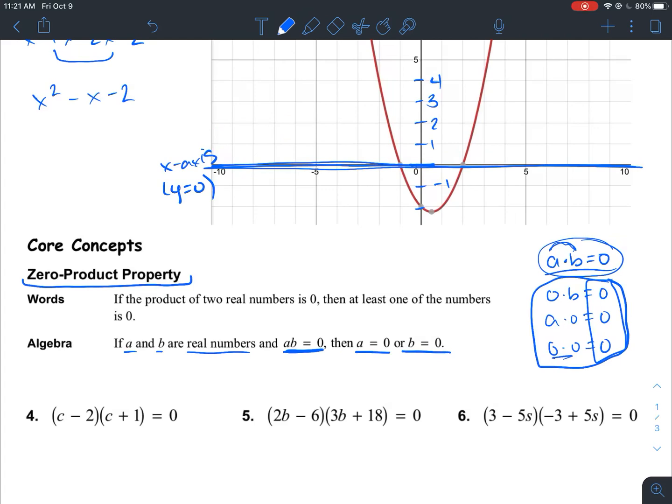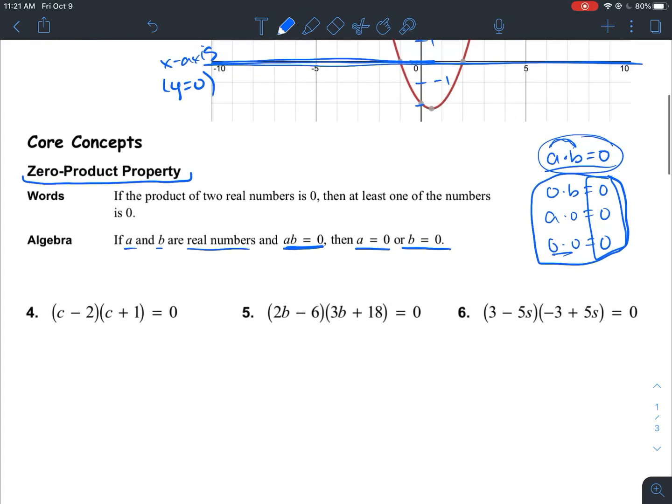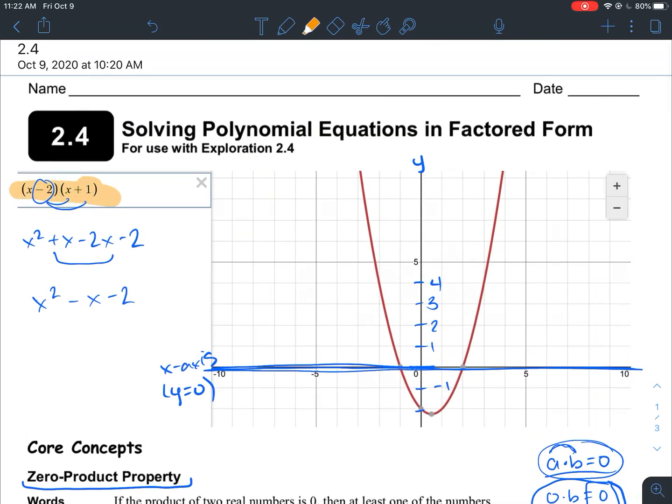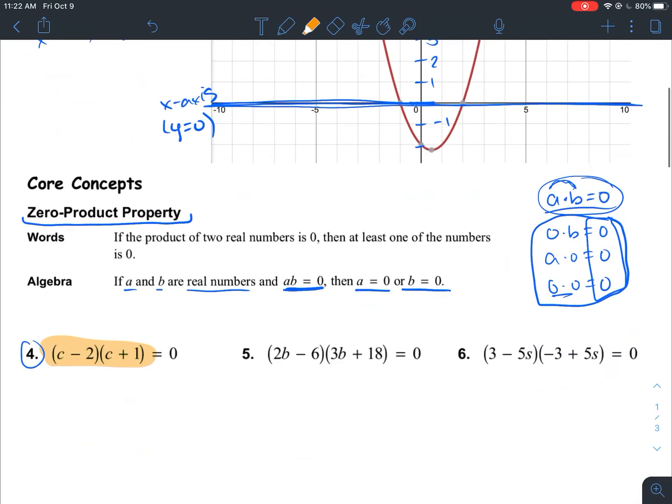Let's apply this with polynomials. For number 4, we have a polynomial of c minus 2 and c plus 1. Note that this polynomial is the same thing as the polynomial up here. Same exact thing, except this one uses x's for the variable and this one uses c for the variable. Okay?